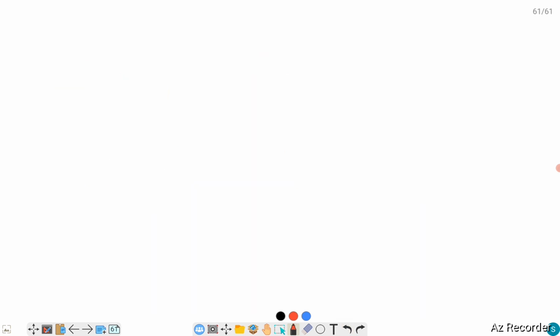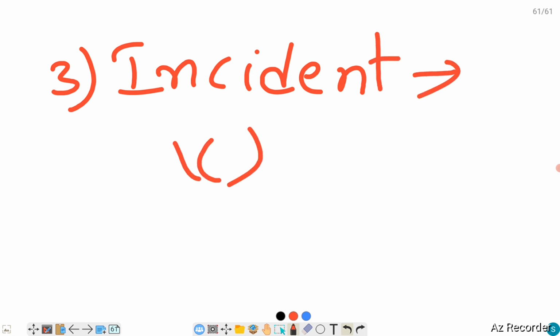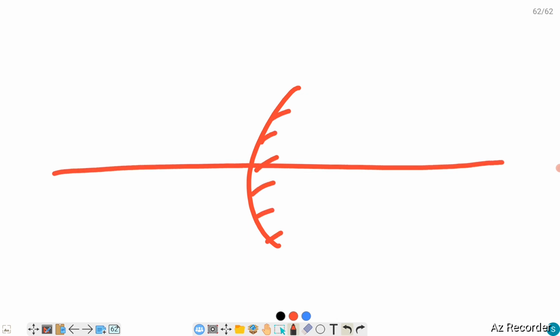Now let's see the third one. The incident ray is appearing to pass through the center of curvature. Pole, focus and center. When you are drawing, just take equal distances like 2 centimeter and 2 centimeter, or 3 centimeter and 3 centimeter, because they are equal distances.